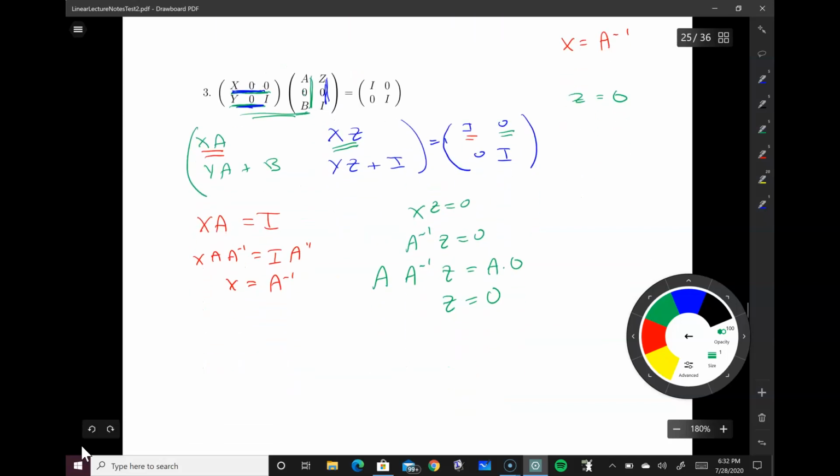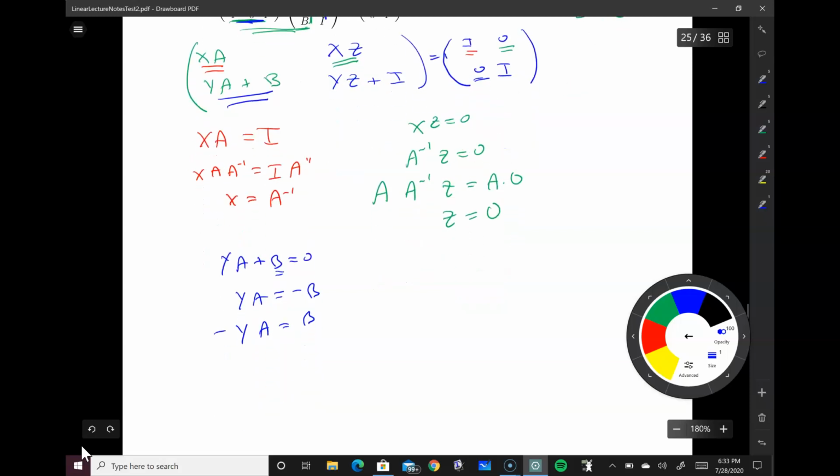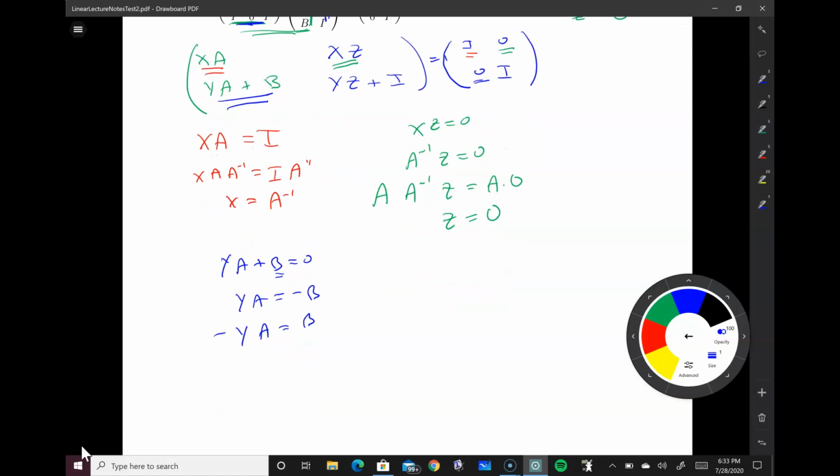All right, so all I have left to do is to solve for the B, and I'm going to use this equal this. So YA plus B is 0. So I'm going to solve for B. So I have YA is equal to negative B. Oh no, I want to solve for Y. Sorry about that.